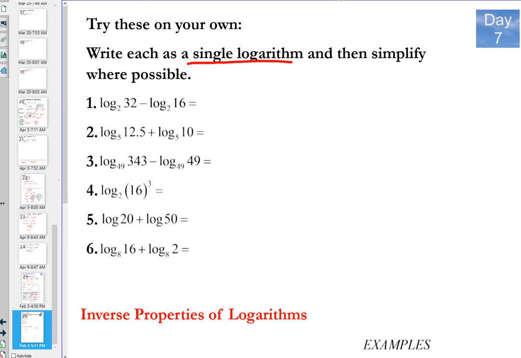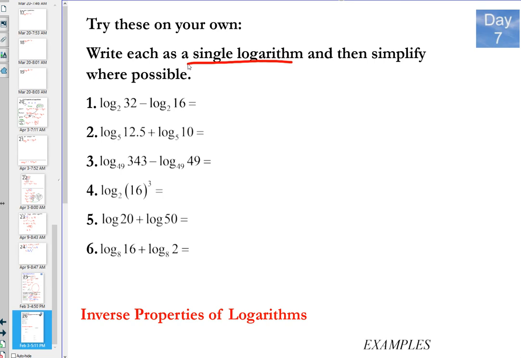All right, did you finish them already? Okay, if you finish number one, what'd you get?